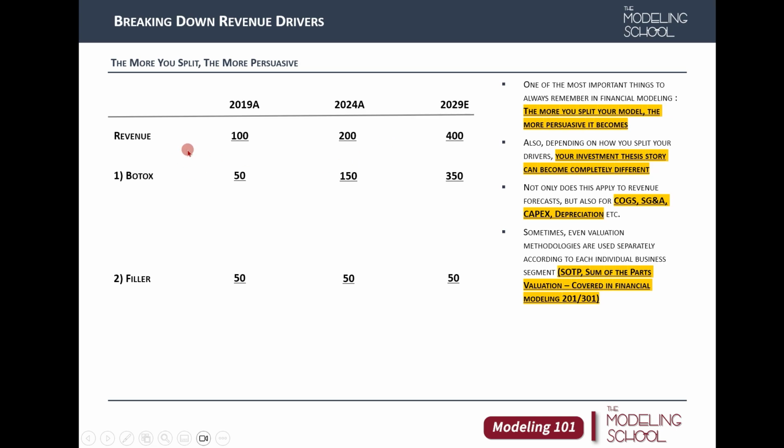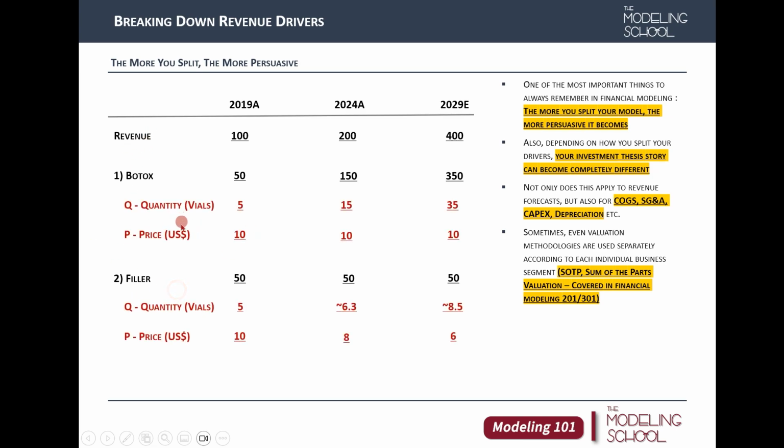And if we compare it to the single line model that we did before, just think about how much story it creates, how much logic it creates, just by splitting the revenue driver just once. If you do it once again, probably price times quantity, we can see for Botox, the price levels just remain the same.